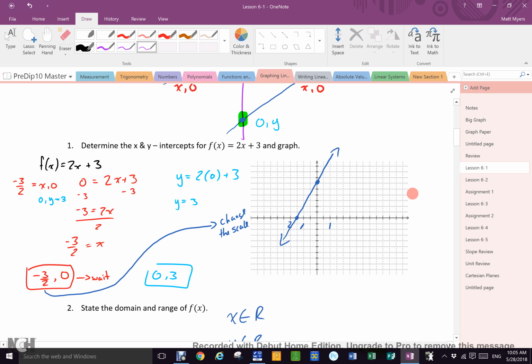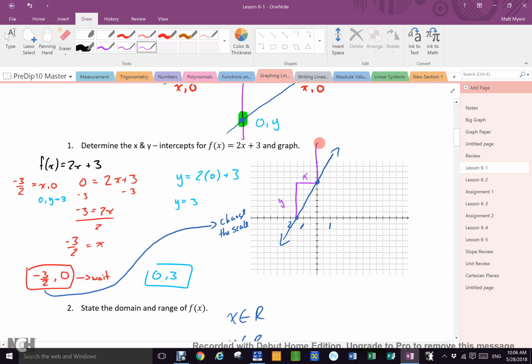So, it has a line, right? Now, since it is a linear function, that means that line's going to go in the same way forever in the same pattern, right? So, to get from here to here, I had to make changes to both x and y, didn't I? I went up on the y and that way on the x. Where's the next dot going to be?